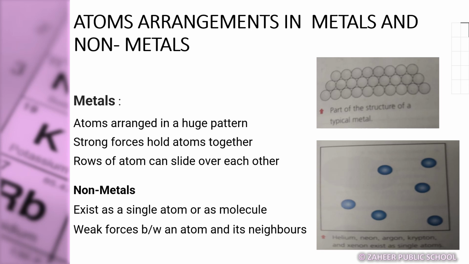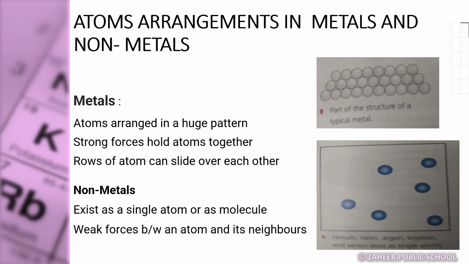The atoms arrangement in metals and non-metals. In metals, the atoms are arranged in a huge pattern, and strong forces hold the atoms together. The rows of atoms can slide over each other, as you can see in this picture. And non-metal elements exist as single atoms or as molecules, and there are weak forces between an atom and its neighbors.